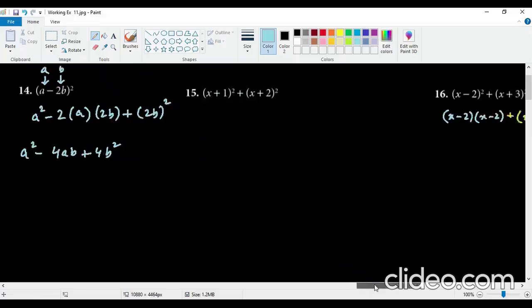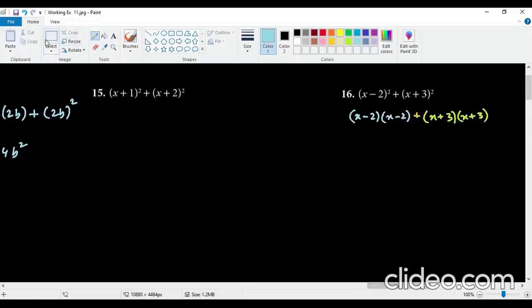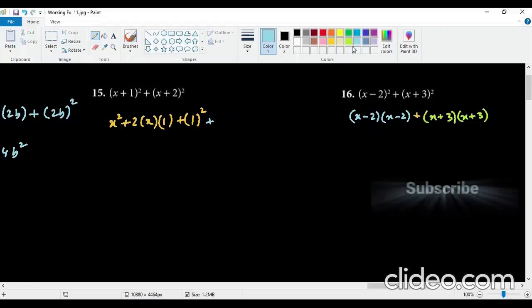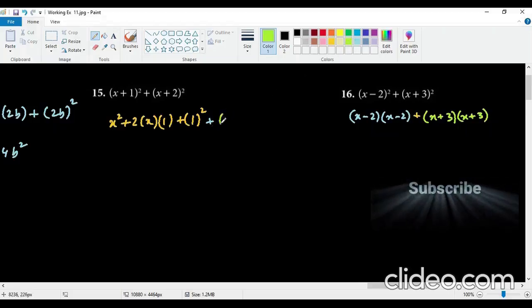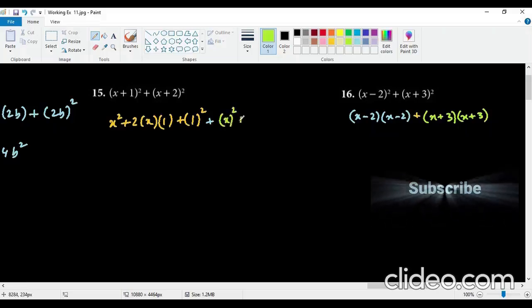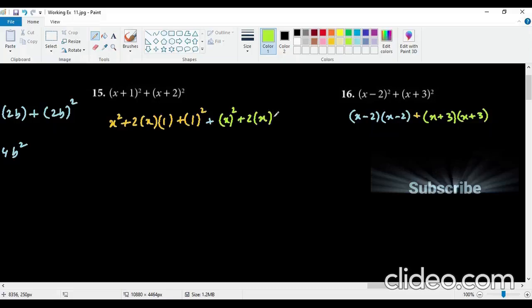Now question 15, I'm doing straight using a formula. In here, a square plus 2 times a b plus b square. Now comes this plus sign I'm using here, and I'm opening the second bracket, which is going to be a square plus 2 times a b plus b square.